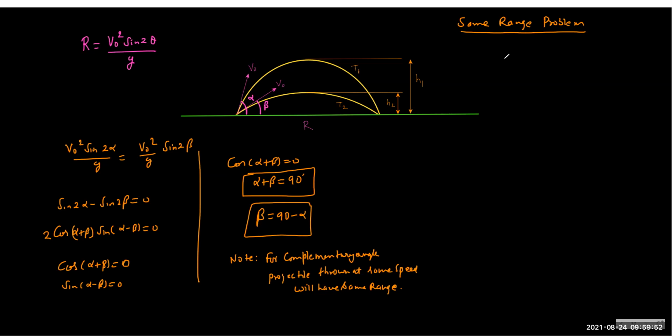So find tan alpha or tan beta, or the range and V naught, given that their maximum heights are h1 and h2 respectively.